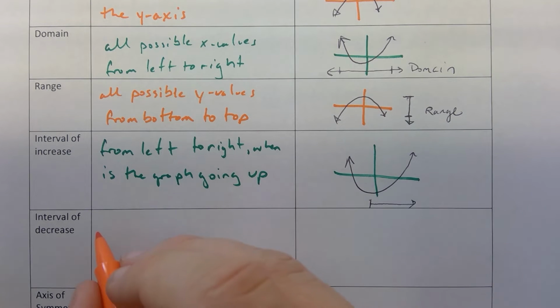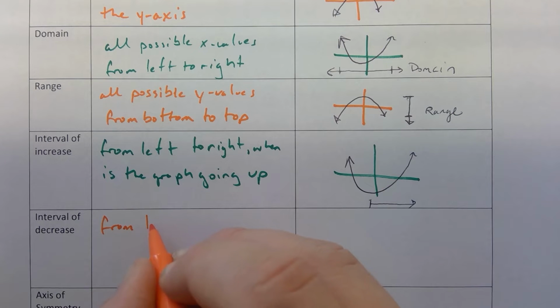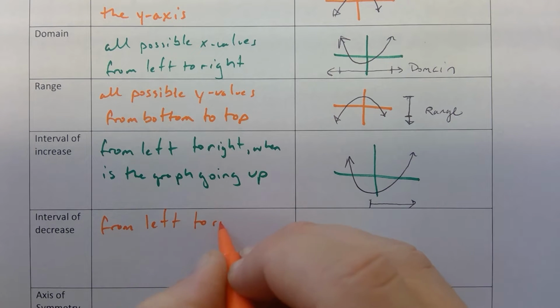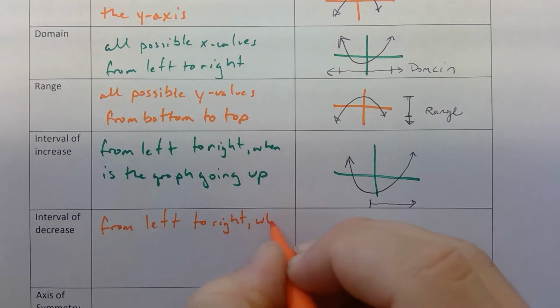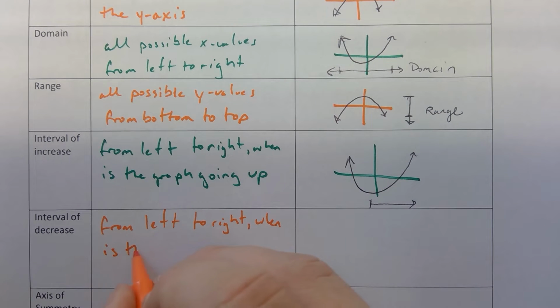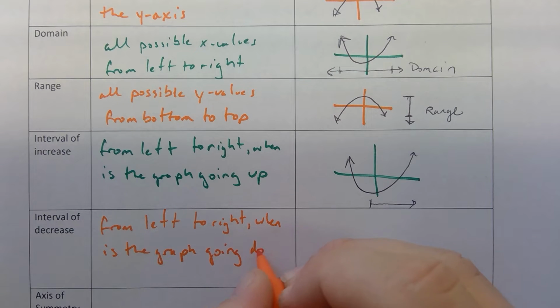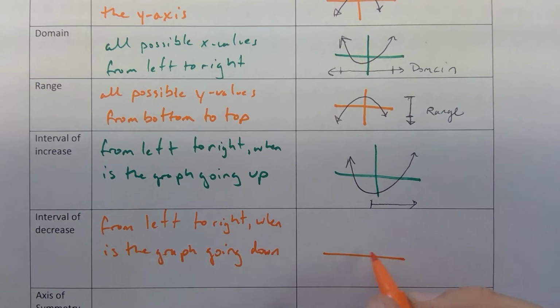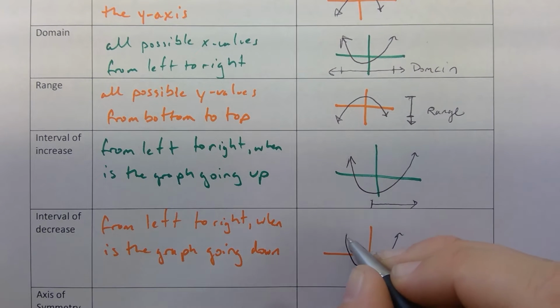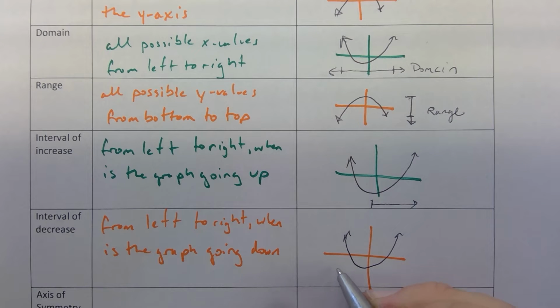Now our interval of decrease, from left to right, when is the graph going down? Let's draw another picture. So now I start on the left side.